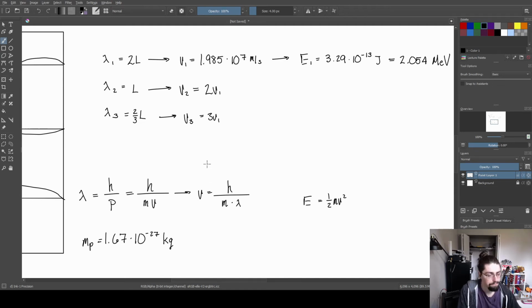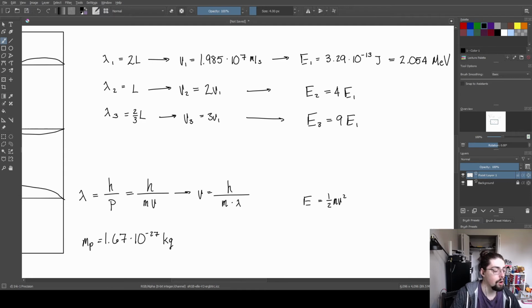Nice and easy. Now I'm going to carry this into my energy. Because the energy goes as v squared, if it is 2 times the velocity that we had from before, then this is just supposed to be 2 squared times E1. This is supposed to be 3 squared times E1.